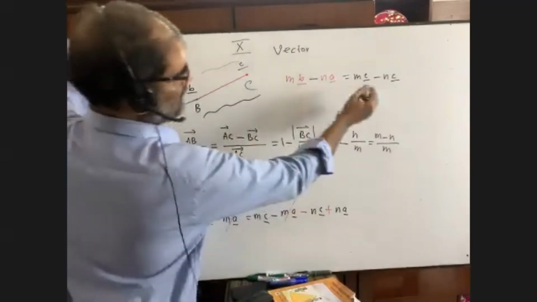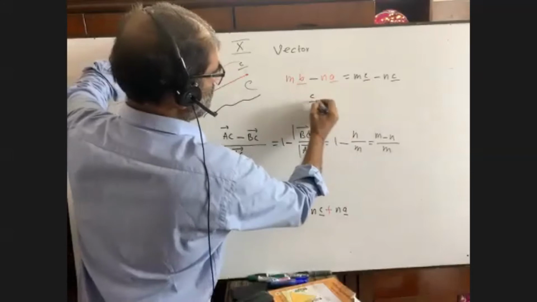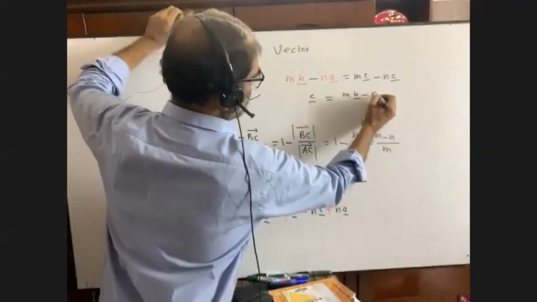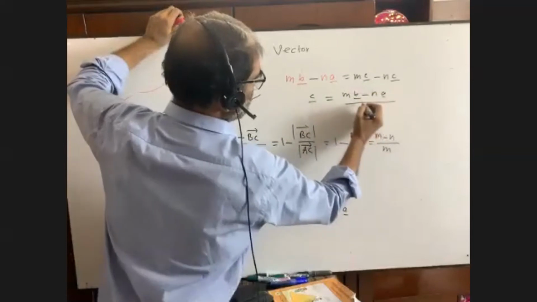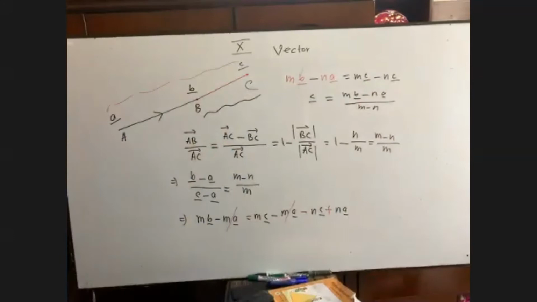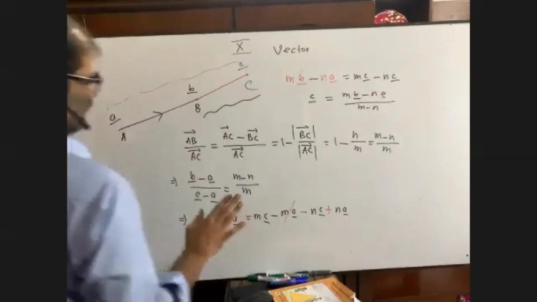Normal multiplication. Now you see, if I take C common here, we are left with MB minus NA by M minus N. I'm sorry. Okay, now it is okay.